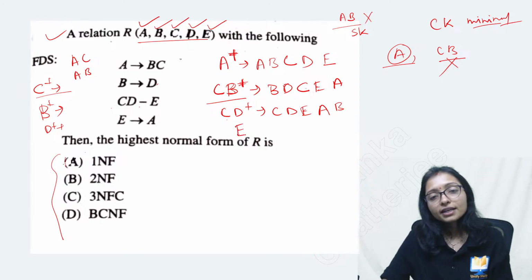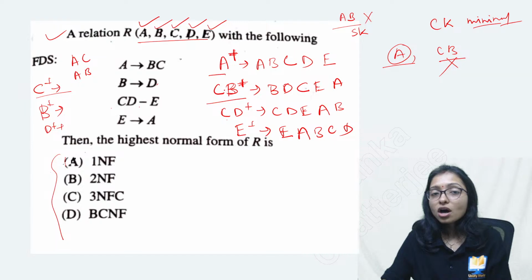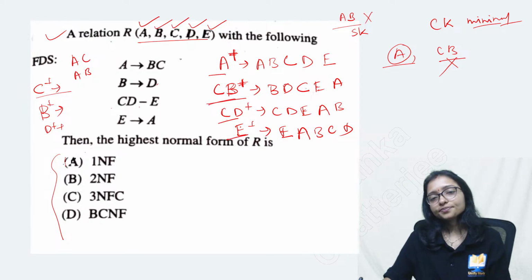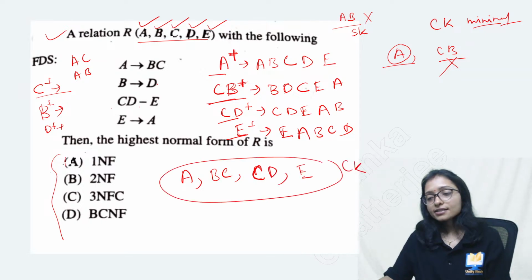E is definitely a candidate key: E, A, B, C, D. So ultimately these all are candidate keys: A, BC, CD and E.